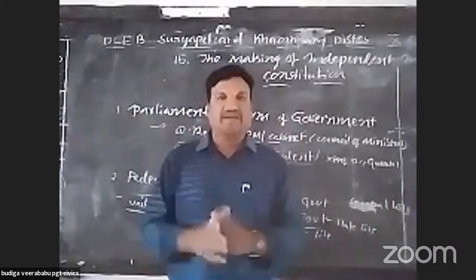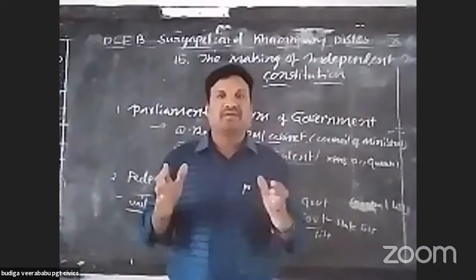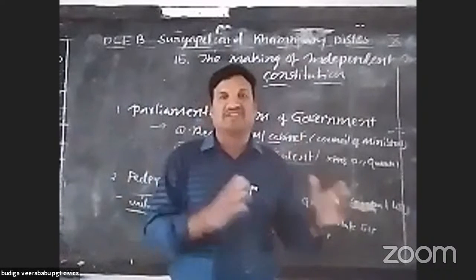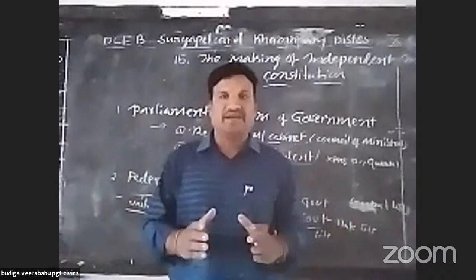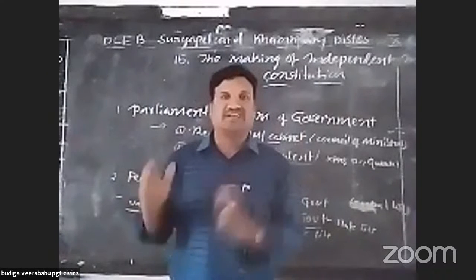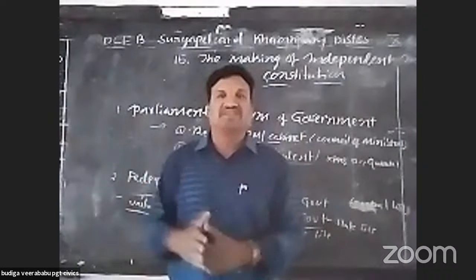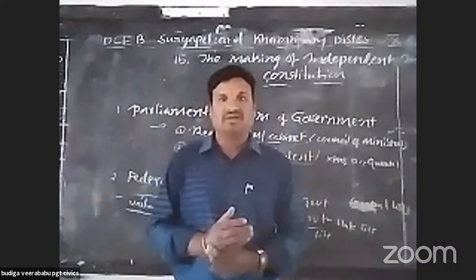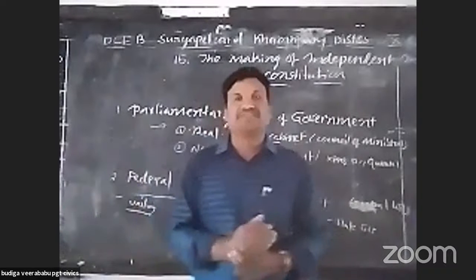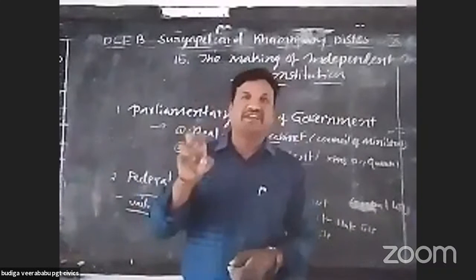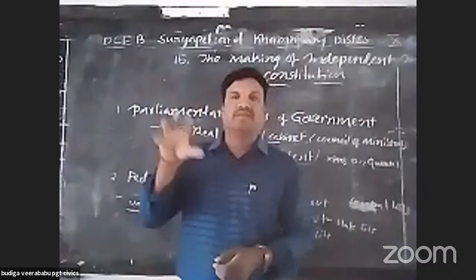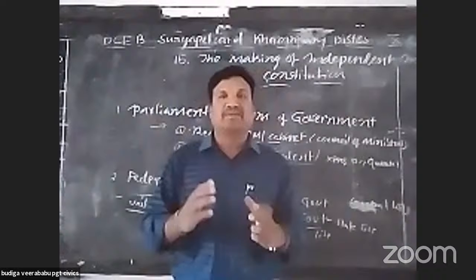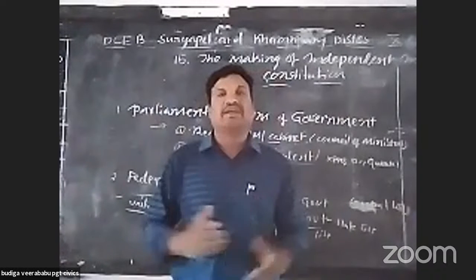In common time, the central government can make the laws on the central list, and the state assemblies and the CMs of the state can make the laws on the state list. But at the time of emergency, the central government can take all actions and all powers from the state governments. That is called the Indian parliamentary system and Indian federal system.